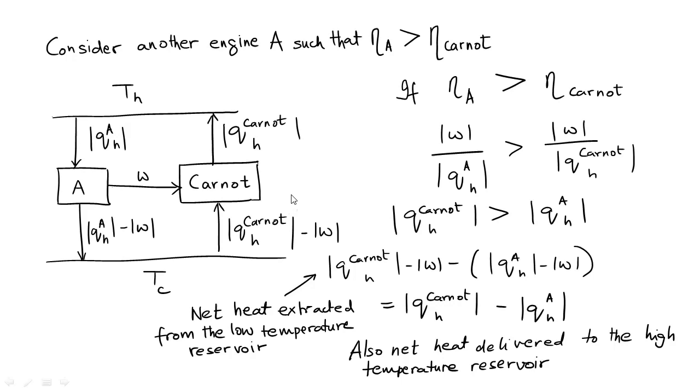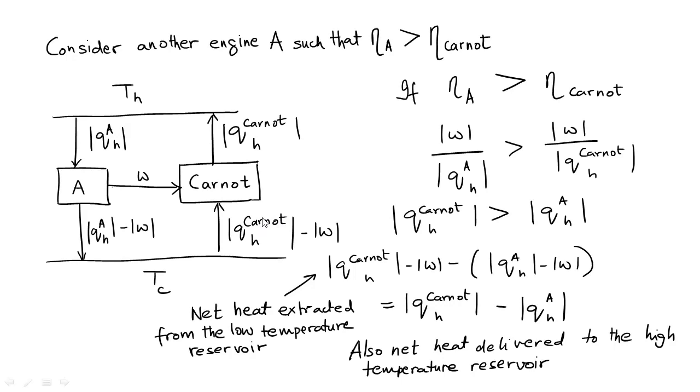This implies that the initial assumption we started with, that the efficiency of A is greater than the efficiency of the Carnot engine, is false. It is therefore impossible for an engine to have a greater efficiency than the Carnot engine. There are a few points you should note.